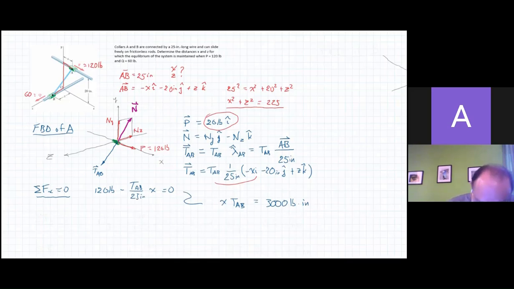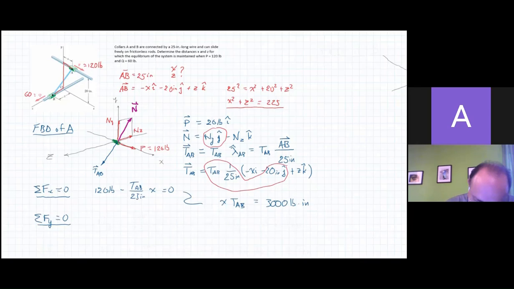Let's see the summation of forces in the y direction. In the y direction, let me get rid of this and this. We have NY here and this other component right here.